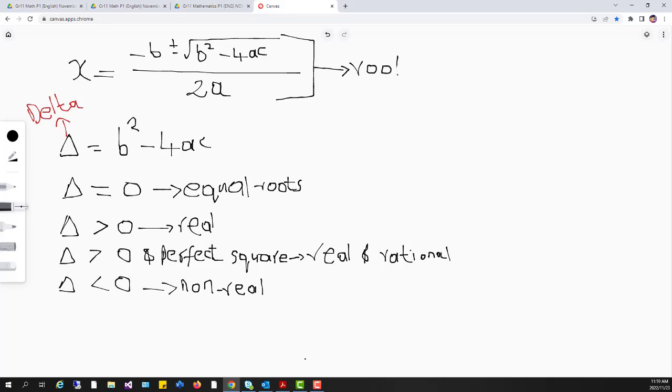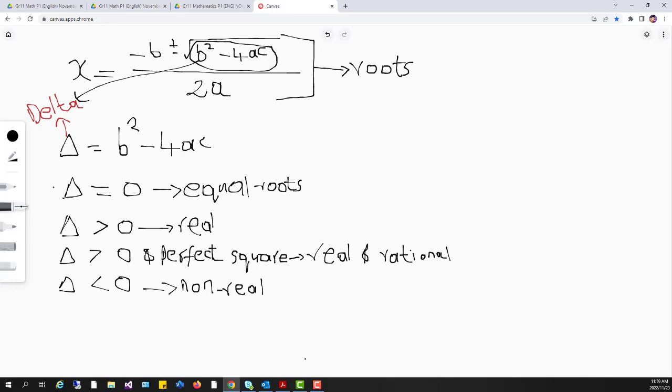So just remember those values of x are the roots. What determines the type of root is the value inside the square root, which we refer to as delta. So b squared minus 4ac will tell you what type of root we have.